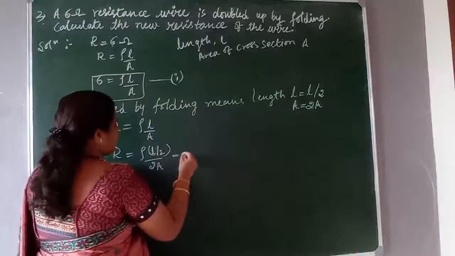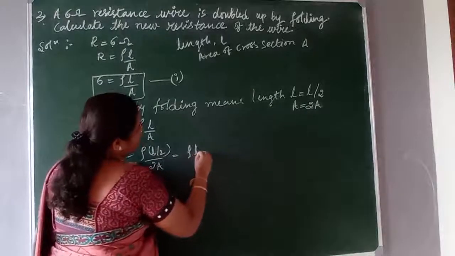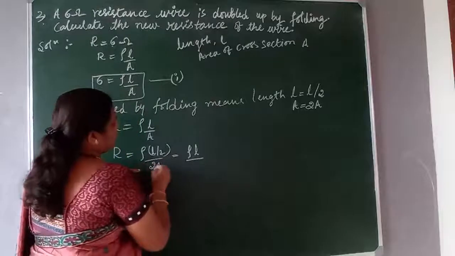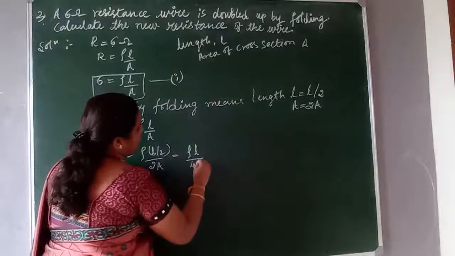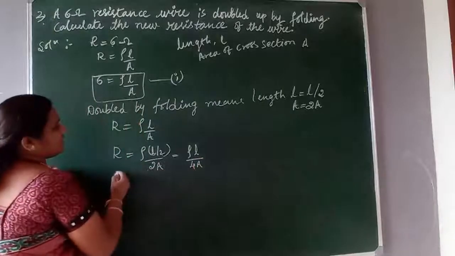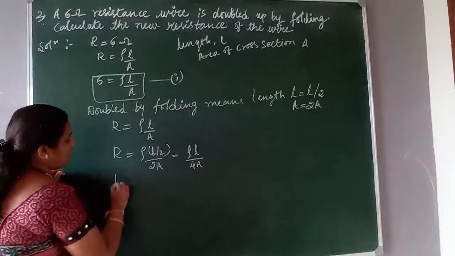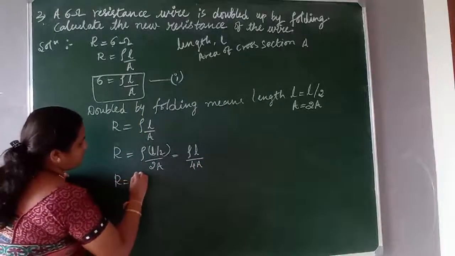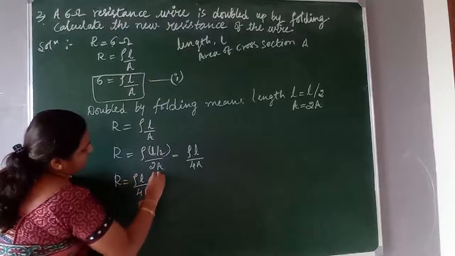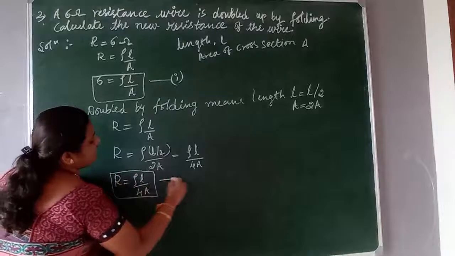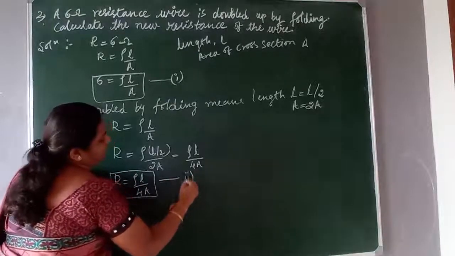This can be written as rho into length divided by, it goes to the denominator, 2 into 2, 4A. So we can write R is equal to rho into L divided by 4A as the second equation.